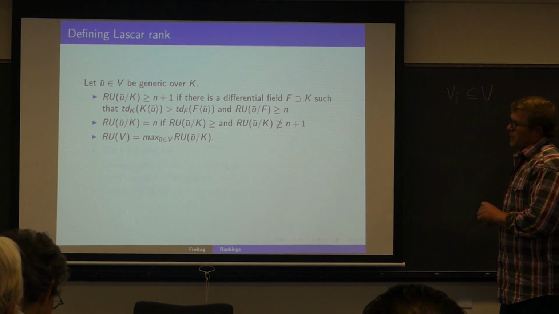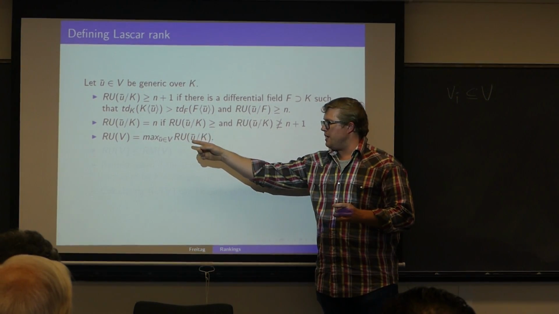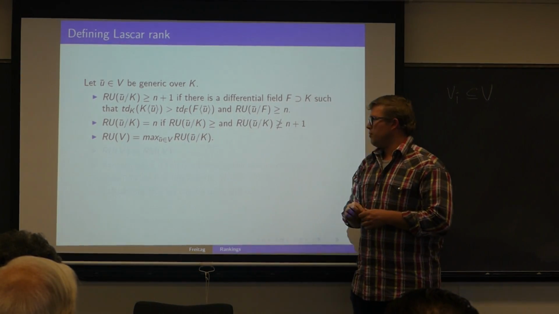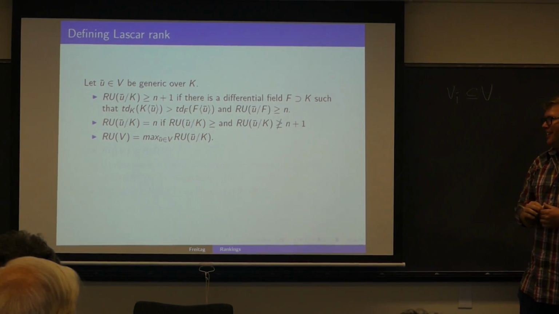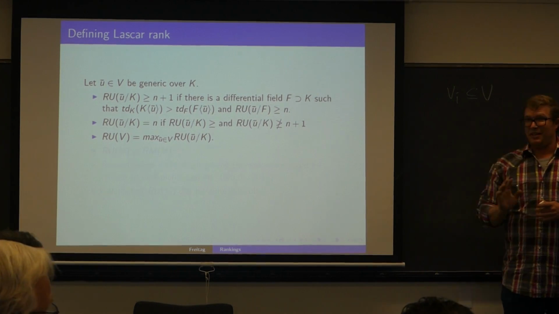Okay, then I set the U rank of the definable set, or the constructible set V, to be the maximum over all the points in V of the U rank. This isn't a good idea in a more general model theoretic setting, but it works fine here.